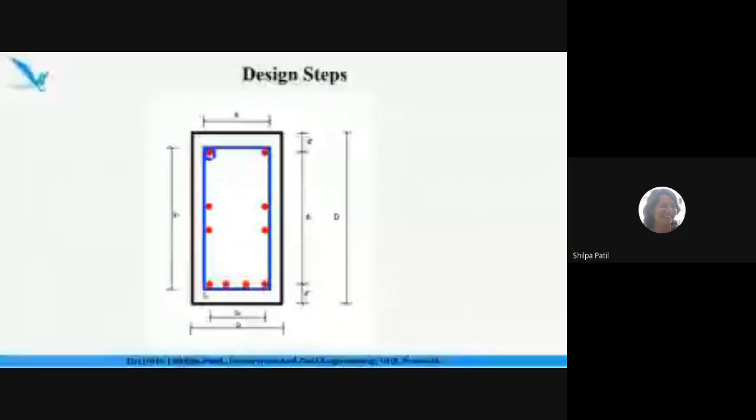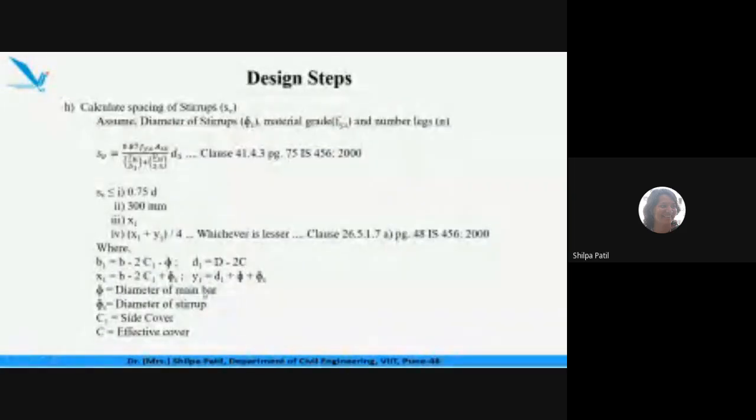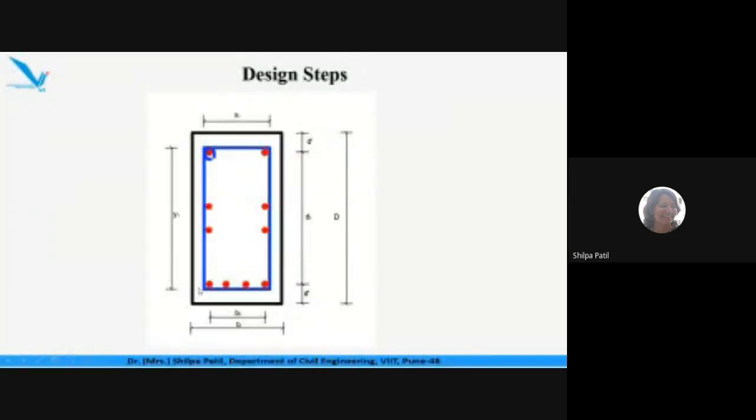What is the B1 value we have calculated here? As per this formula, B minus 2C1 minus 5. It means it is a clear cover. C1 is a clear cover. It is not a center to center distance. That is, C1 is not measured from the center of this bar. So it is at the side of the bar. C1 is from this edge to the side of the main reinforcement.